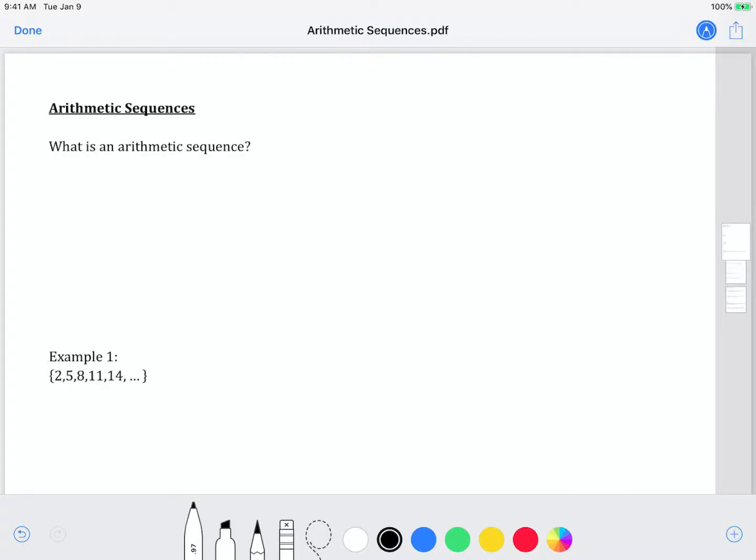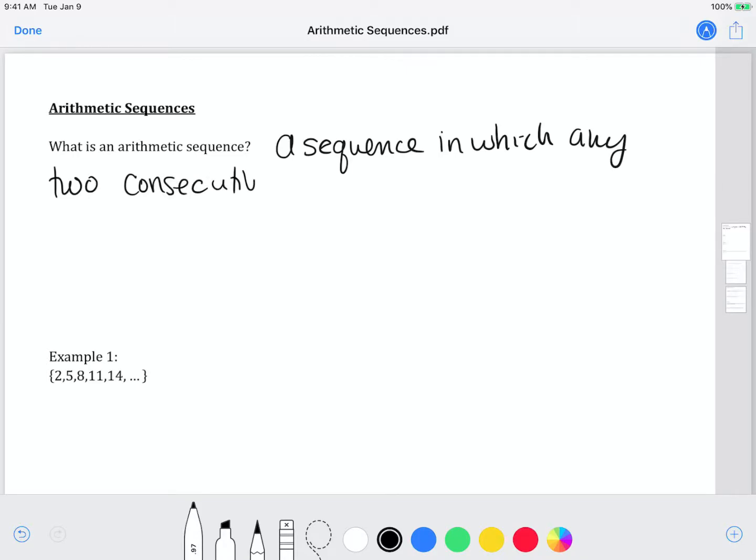Okay, in this section, we're going to talk about a specific kind of sequence called the arithmetic sequence. An arithmetic sequence is a sequence in which any two consecutive terms have the same difference.